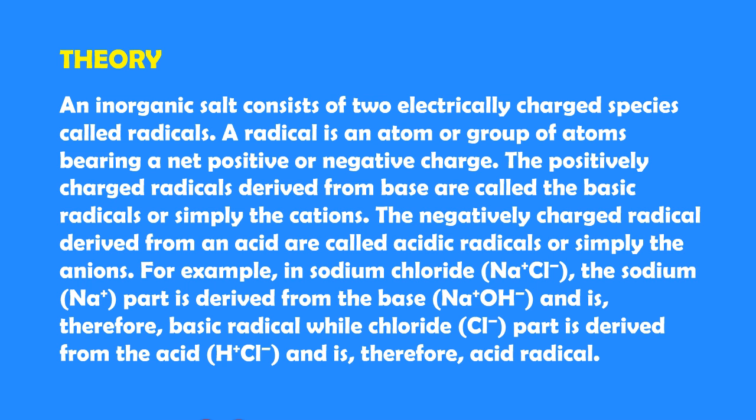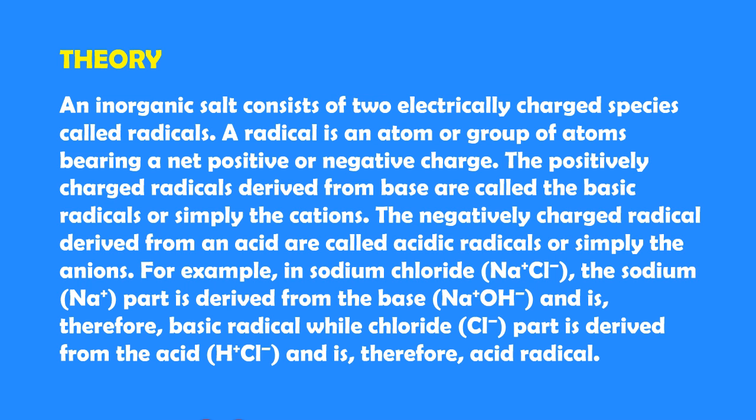A radical is an atom or group of atoms bearing a net positive or negative charge. The positively charged radicals derived from base are called basic radicals or simply cations. The negatively charged radicals derived from an acid are called acidic radicals or simply anions.